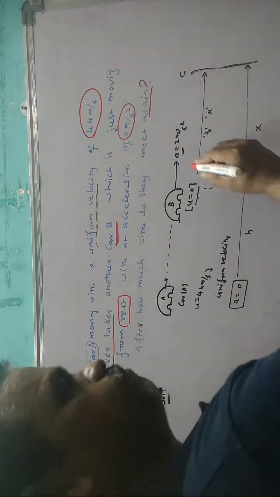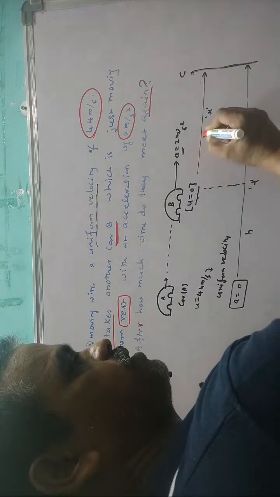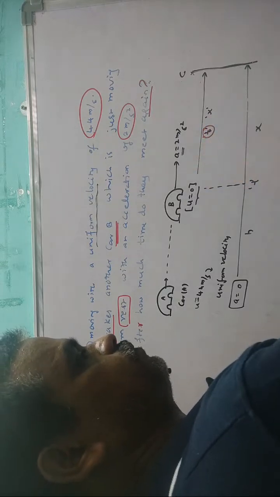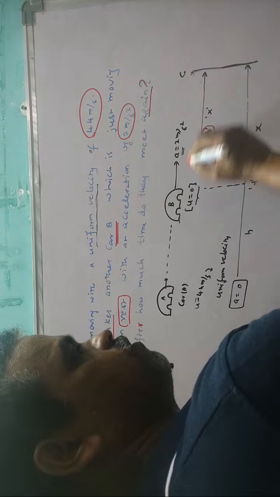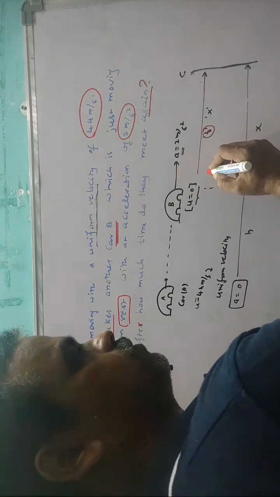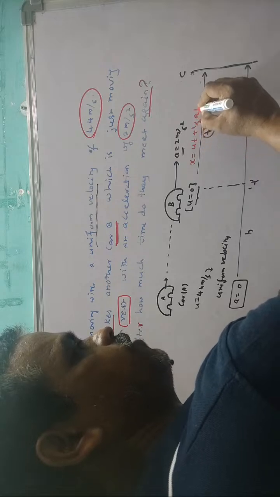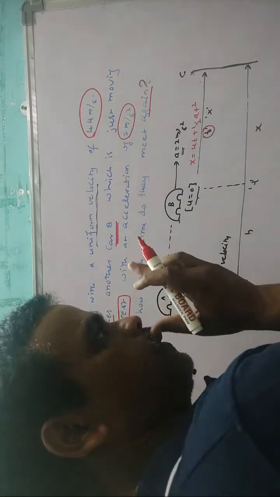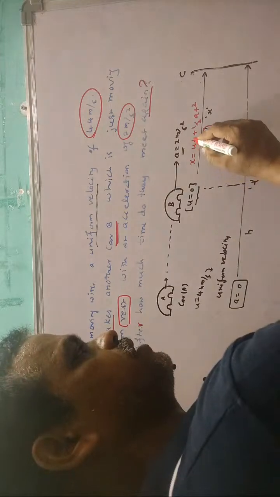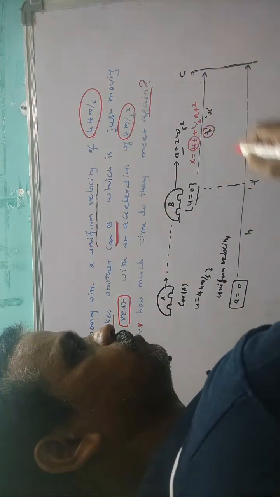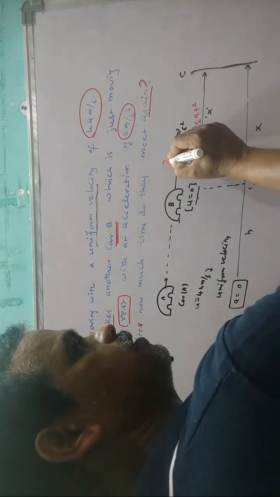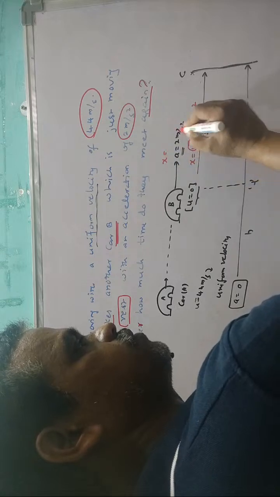So here, for example, in t time it traveled. The displacement covered by this car, x equal to ut plus half at square. Here initial velocity is 0, so this becomes 0.